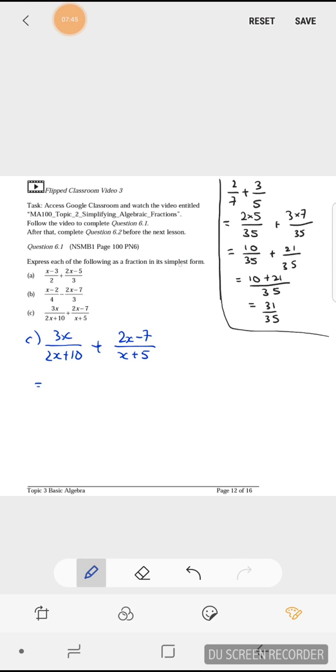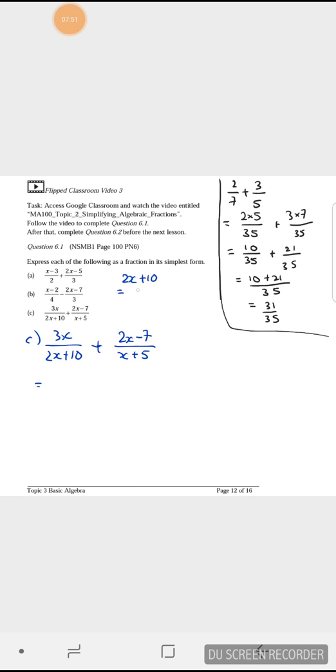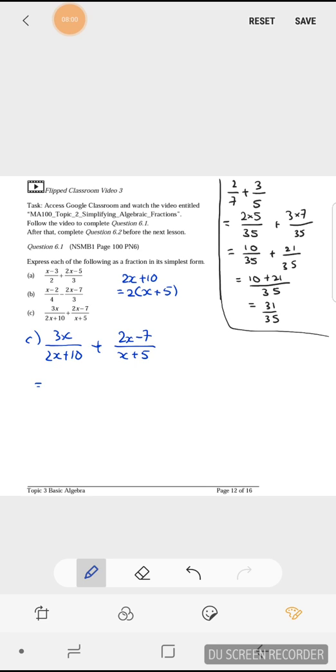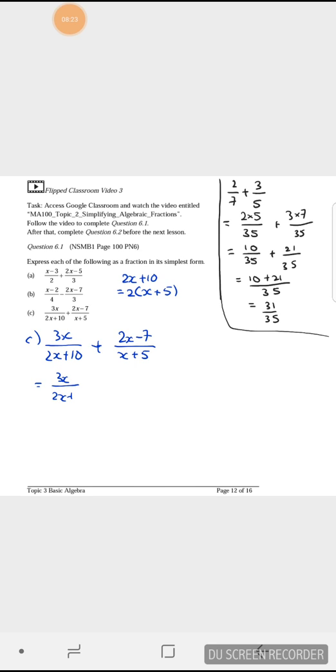If you can't see, you will be able to tell me that for 2x plus 10, you can actually factorize out 2, and you will see x plus 5. Yes? So, the LCM, in a sense, of 2x plus 10 and x plus 5 would be 2x plus 10, because you can multiply 2 to this denominator to get it to become 2x plus 10.